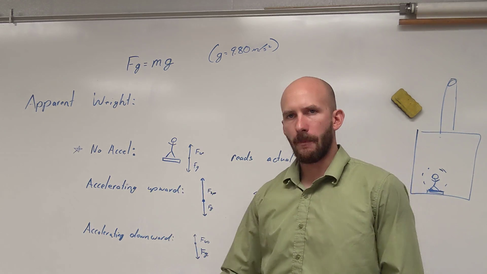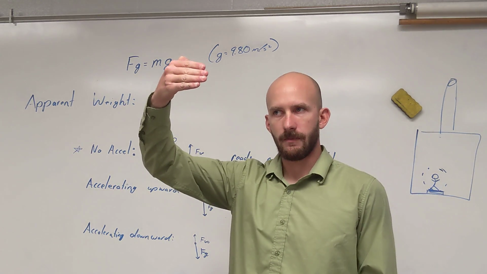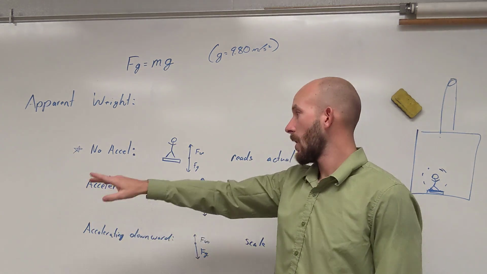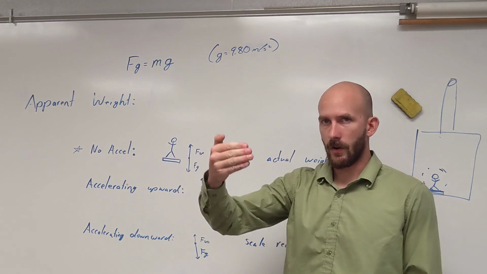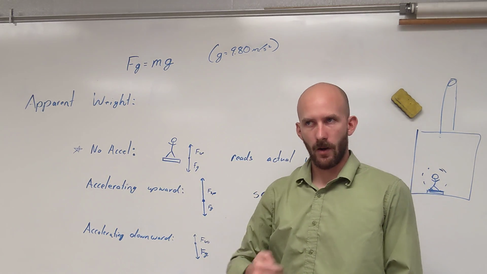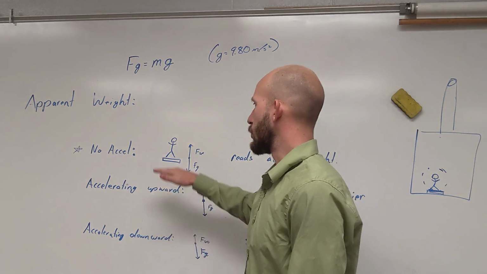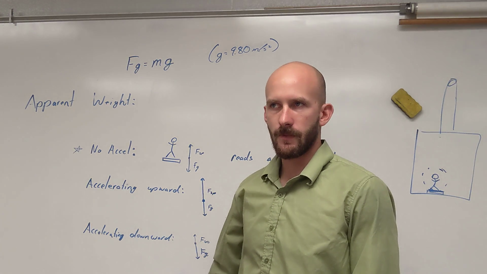It can also happen when the elevator is moving upward at a constant velocity. No acceleration, no net force. It can also happen if the elevator is moving downward at a constant velocity. Again, no acceleration, no net force.